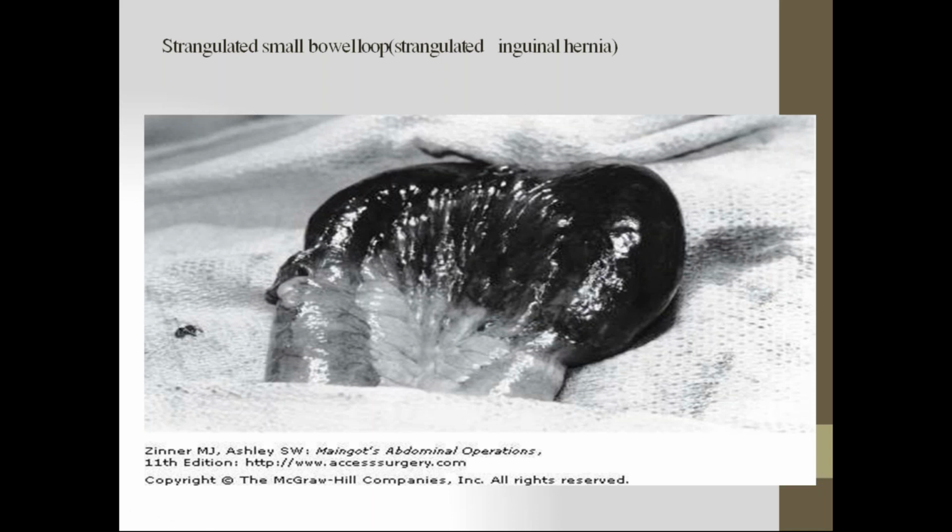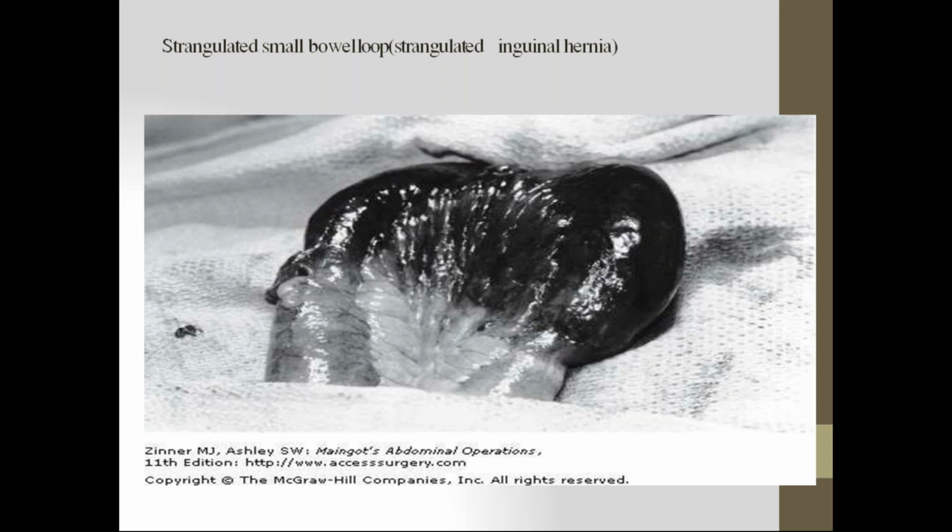We need to place warm saline mops over the bowel, and the patient should be administered 100% oxygen for roughly a period of 10 minutes or so. And then the condition of the bowel and the peristalsis, color of the bowel, mesenteric pulsations, all these are re-verified. The vitality of the bowel is confirmed.